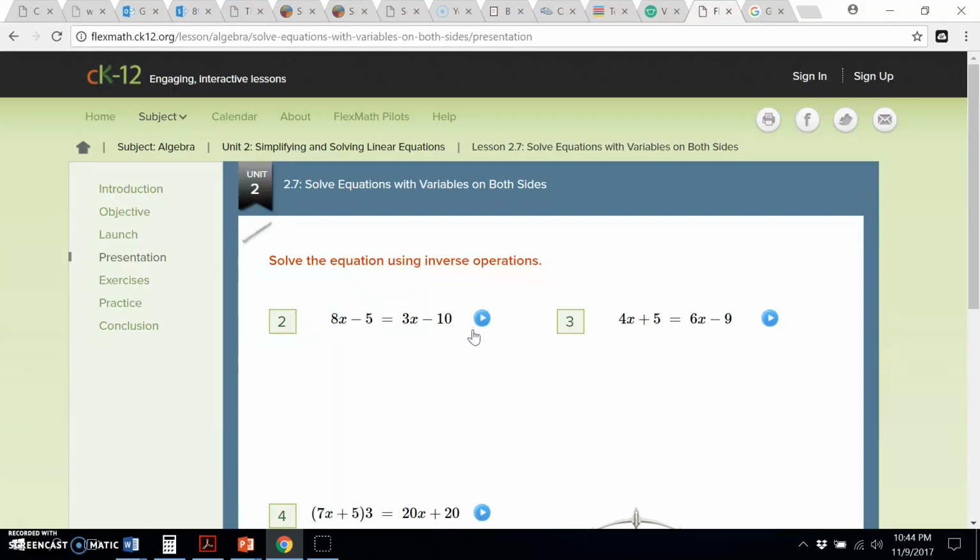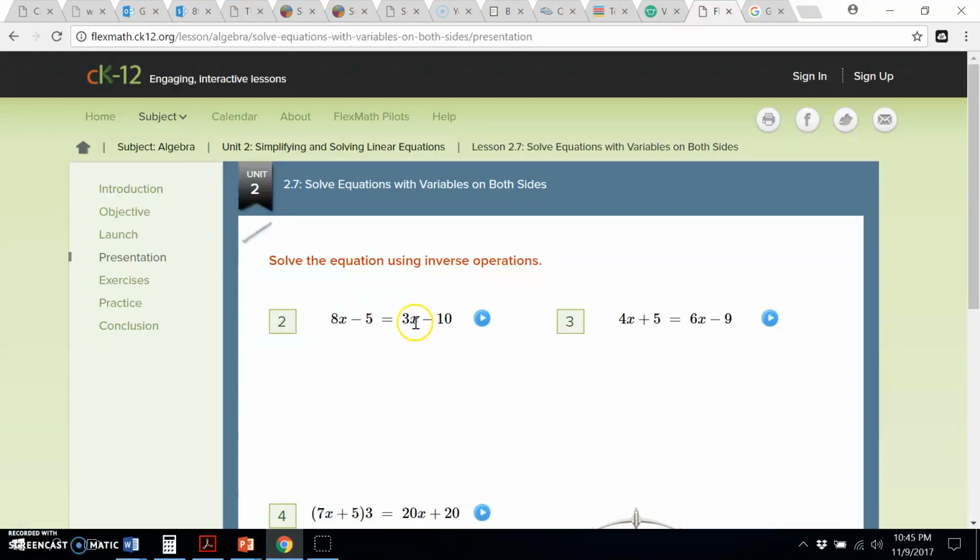Okay, the first step is to move the smallest variable to the other side. So we want to move the smallest coefficient. So we have to locate the coefficients: 8x and 3x. You ask yourself which one is smaller, and we all know that it's 3x. Now, where you all get confused, you look at this minus sign and say, okay, I need to subtract 3x from both sides.